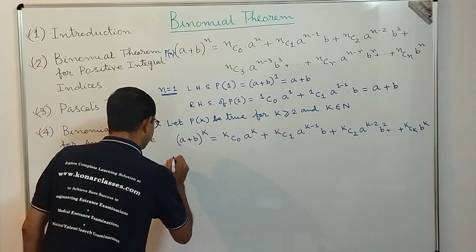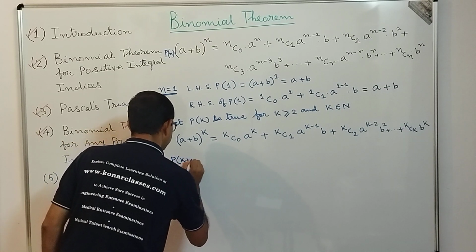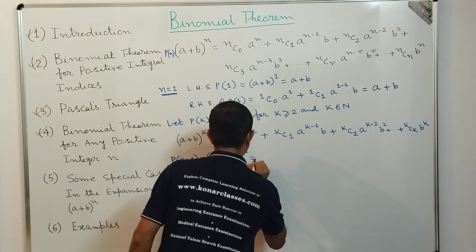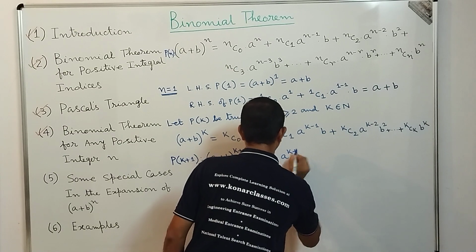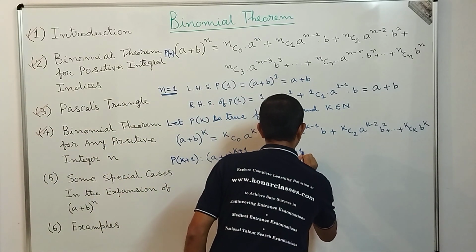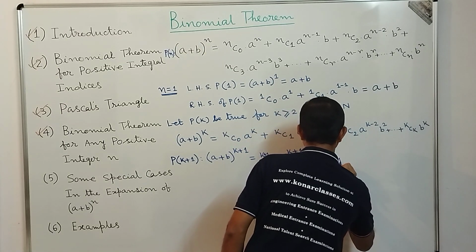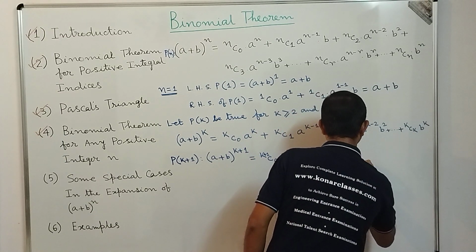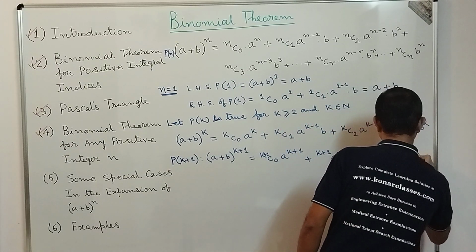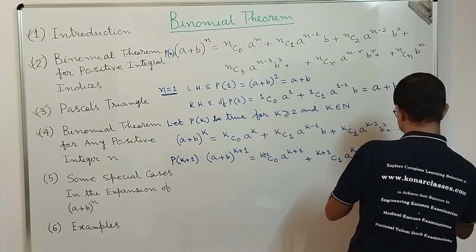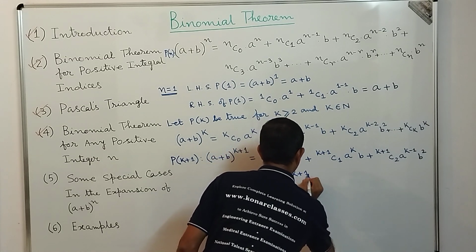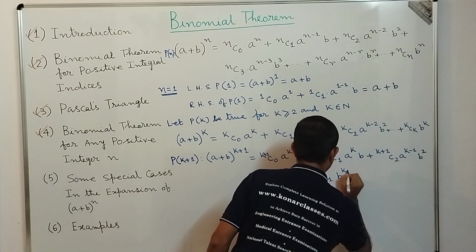So what is P(k+1)? P(k+1) is the mathematical proposition that (a + b)^(k+1) is equal to (k+1)C0 a^(k+1) plus (k+1)C1 a^k b plus (k+1)C2 a^(k-1) b^2, and in that way it will continue till (k+1)C(k+1) b^(k+1).